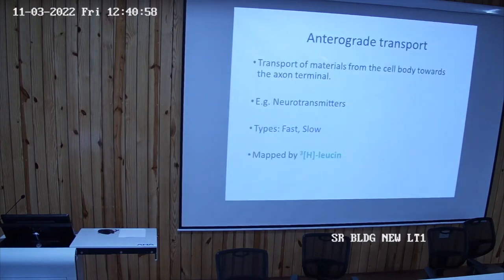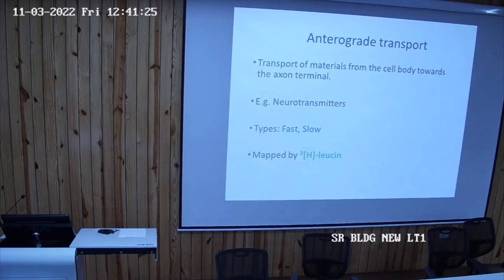So you can see here there is the anterograde transport. That is the transport of material from the cell body towards the terminal. Okay, that is the anterograde transport. And what are the substances which undergo anterograde transport? Usually the neurotransmitters. These neurotransmitters, where are they accumulated, where are they usually secreted?